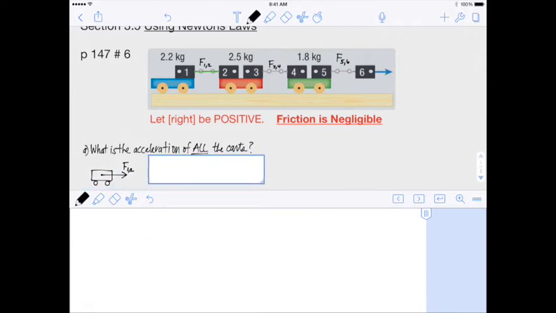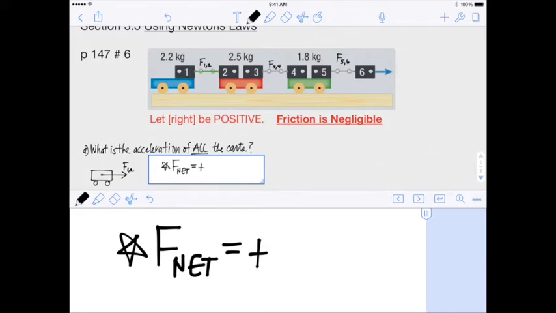In order to proceed, we have to follow the same two steps we've been following for all of our Newton's second law problems, and that is list all of the forces acting on the object, being sure to indicate direction with plus or minus signs. So in this case, we have positive, the force as read on sensors 1 and 2.